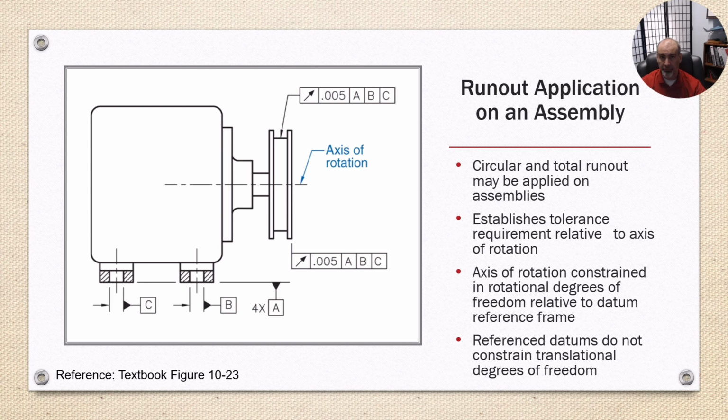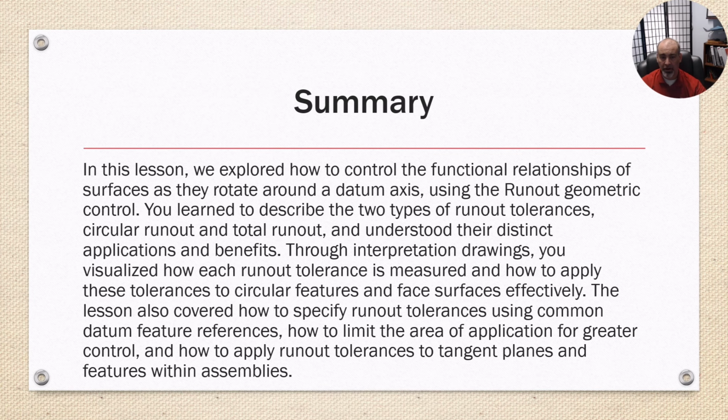All right, that's it for this one. Short and sweet. No MMCs or MMBs to talk about. But in summary, in this lesson, we've explored how to control the functional relationships of surfaces as they rotate around datum axes using the runout geometric control. You learned to describe the two types of runout tolerances, circular runout and total runout, and understood their distinct applications and benefits.